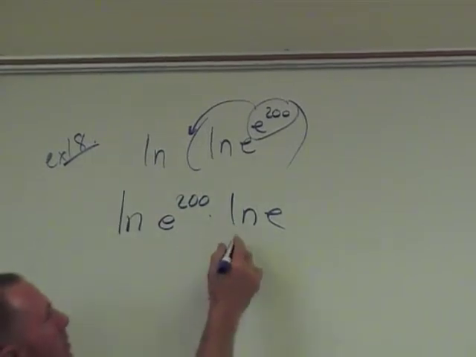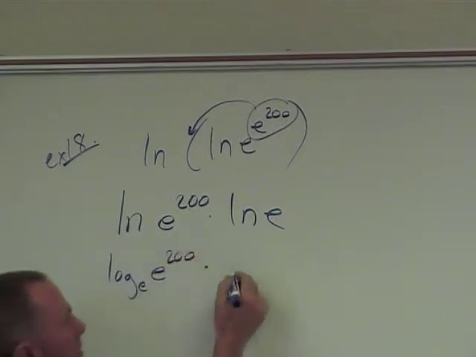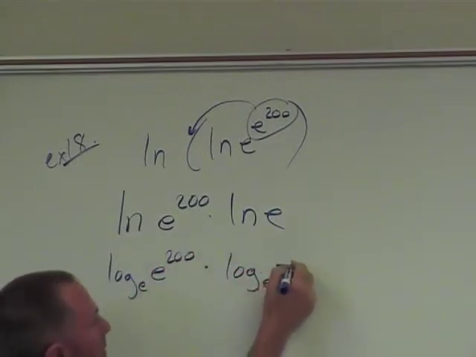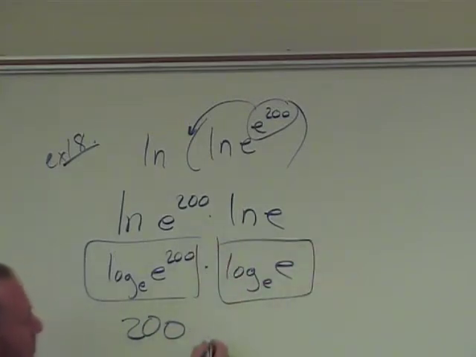Well, if you remember, the natural log is just the log of base e. So to refresh your memory, what is that answer? 200. And what is that answer? 1. So 200.